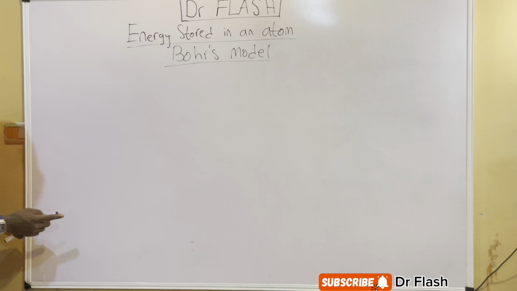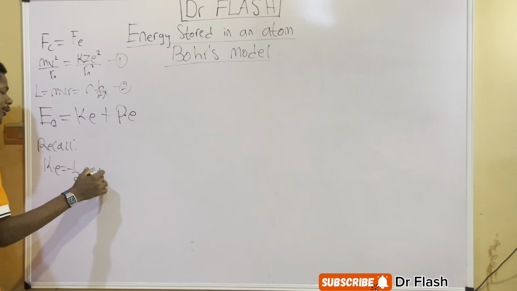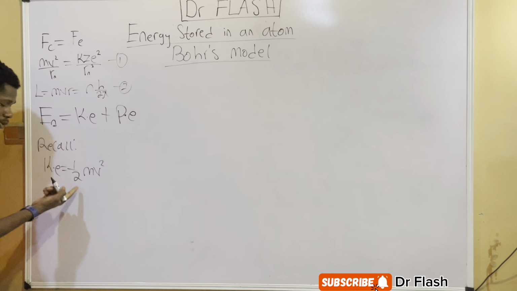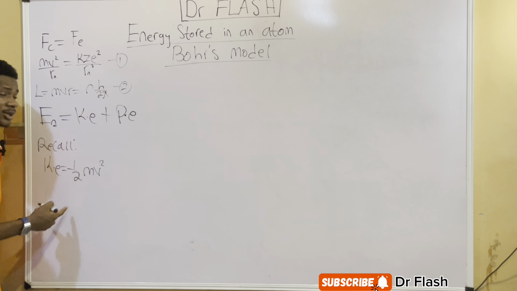Generally, the kinetic energy is 1 over 2 mv squared, where 1 over 2 is a numerical constant, m is the mass of the electron, and v is the velocity it uses in moving around the orbit. We can choose to substitute v squared from equation 1.